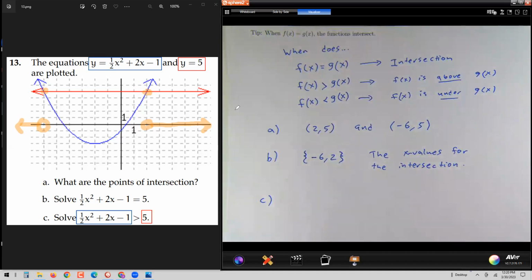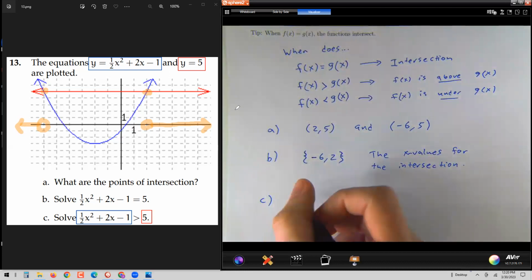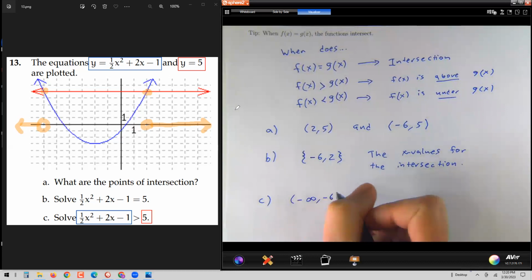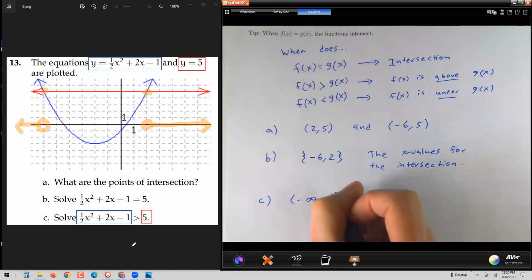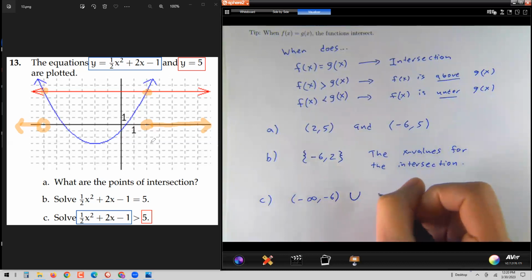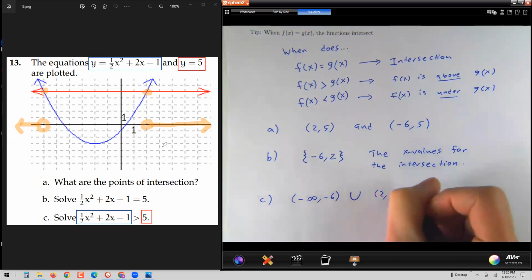So my answer to part C is actually going to have 2 pieces to it. It's going to be from negative infinity to negative 6, not including, it doesn't have an equal sign here. Or I have another piece that works. So I'm using this union symbol, or anything from 2 to infinity.